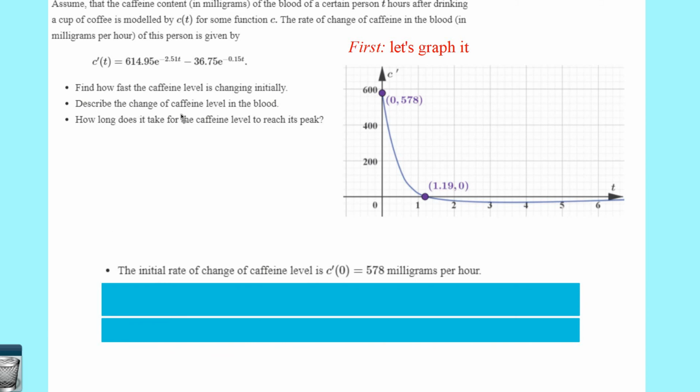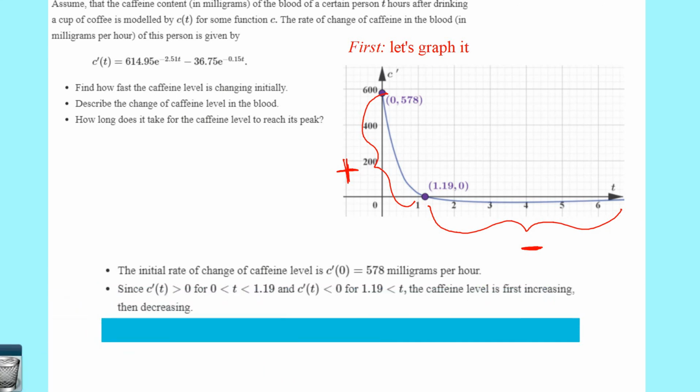We want to describe the change of caffeine level in the blood. Okay, so again, we just look at the values. From here to here, it's all positive, and from here to here, it's all negative. So initially we are increasing, and then at one point we change to decrease.